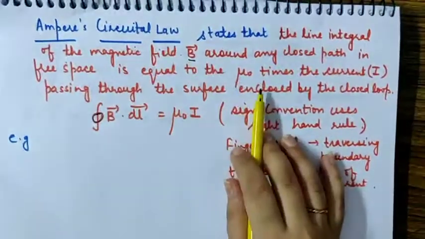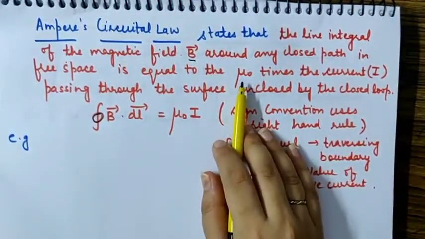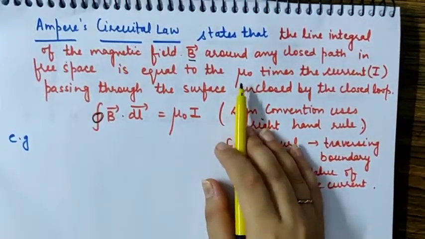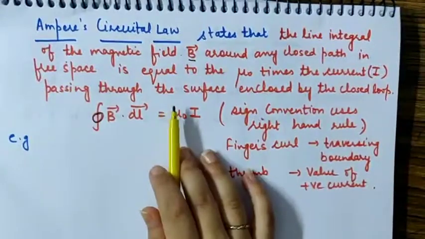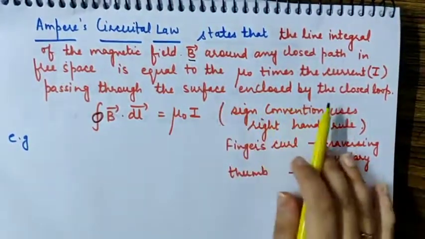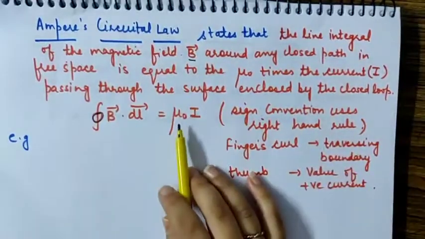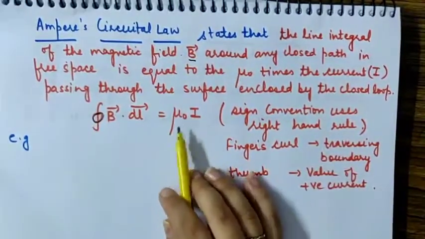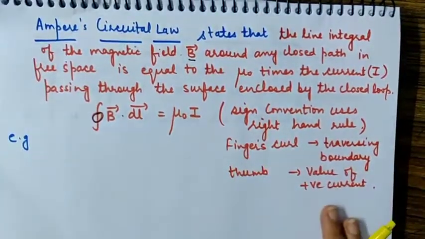It is equal to mu naught times, mu naught we all know, absolute permeability of free space, times the current passing through the surface enclosed by the closed loop. We can also say it is equal to mu naught times the current that is threading through the particular loop.